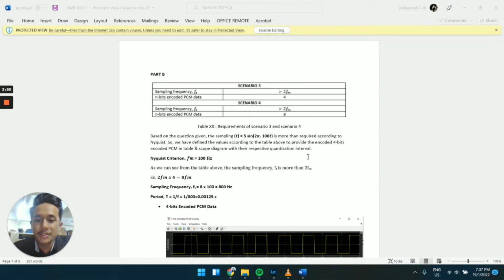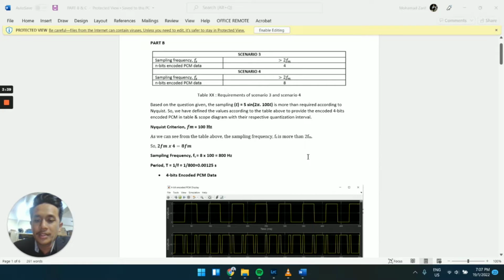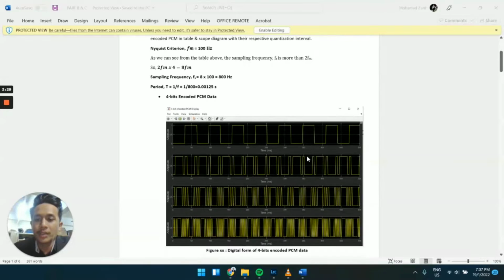As we can see from the table above, the sampling frequency Fs is more than 2 Fm. So 2 Fm times 4, we get 8 Fm, and the sampling frequency Fs is equal to 8 times 100, so we got 800 Hz, and then the period is 0.000125 seconds.